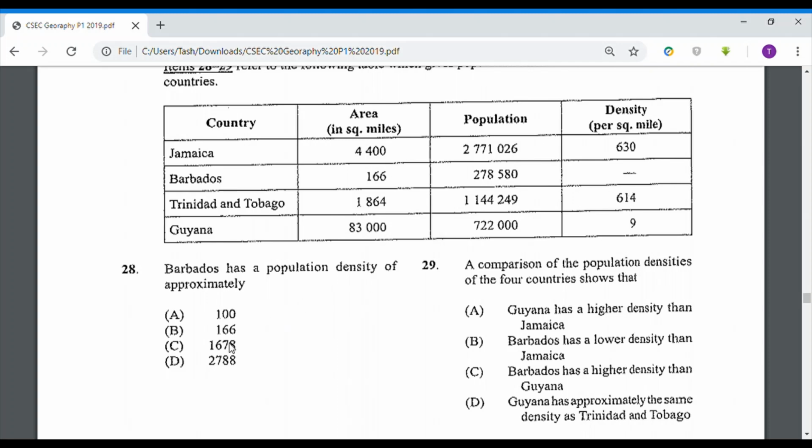Barbados has 1678 because we found it over here at letter C, and Jamaica has 630 persons living per square mile, so that is not correct either. Barbados has a higher density than Guyana. Barbados has 1678, Guyana has 9, so that one would have been correct. Our answer for number 29 would have been letter C.